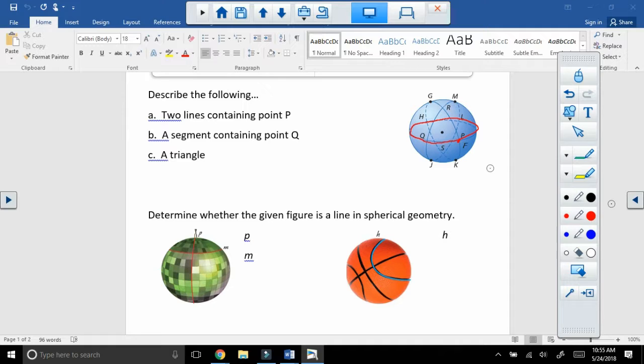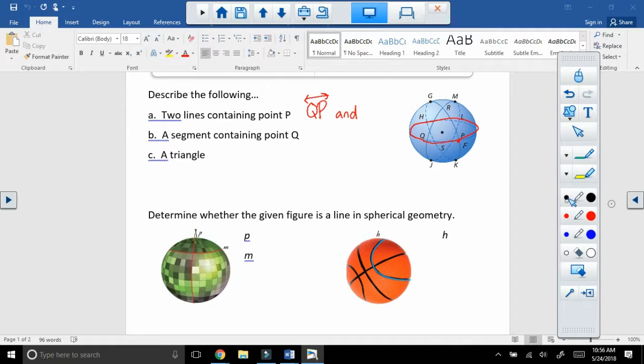So I need to name that great circle. When I name it, I just include 2 points on that. So I could call it PQ or HL or any combination of those 4 points. So I would name this, maybe let's say, line QP.